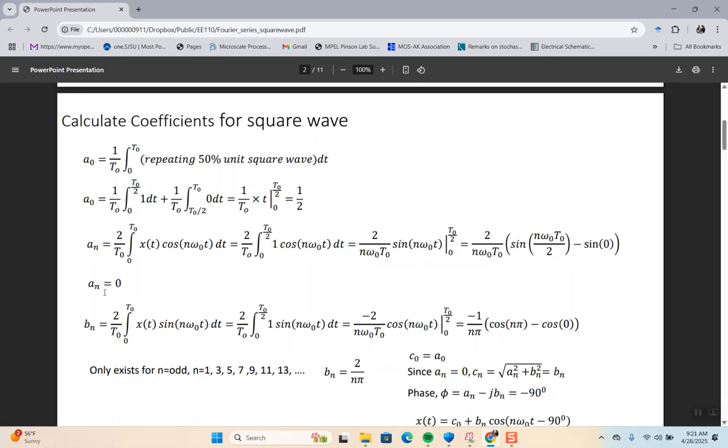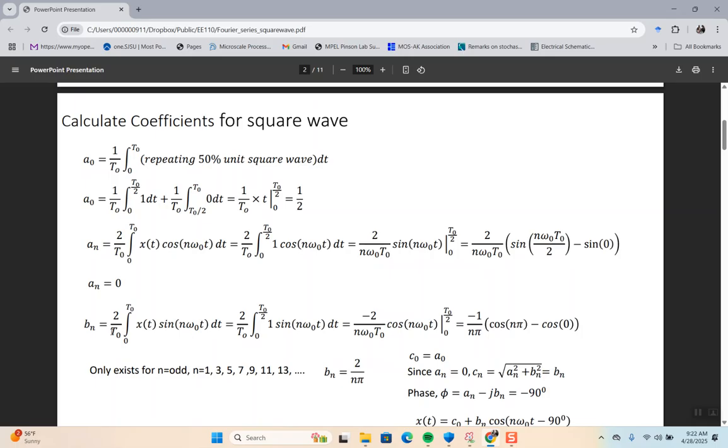That's because the square wave, as I've drawn it, is an odd function. Odd functions don't have cosines in them because cosine is even, sine is odd. So just by looking at it, one could have said, oh, there's no cosines in there, therefore it's all odd.